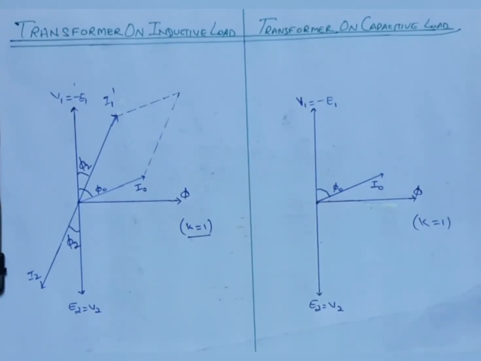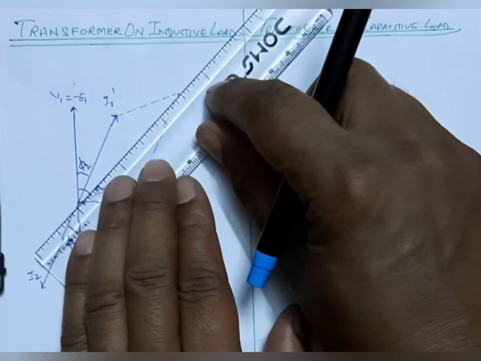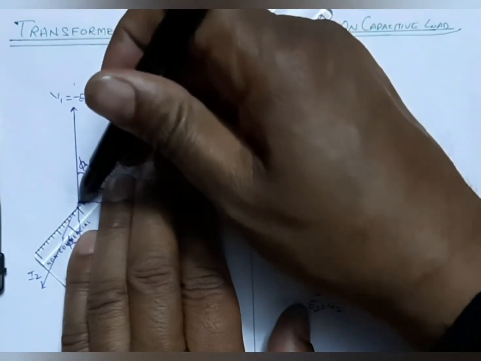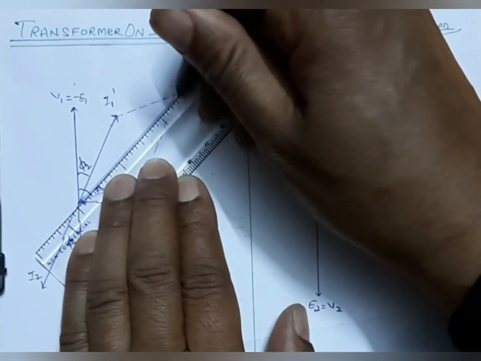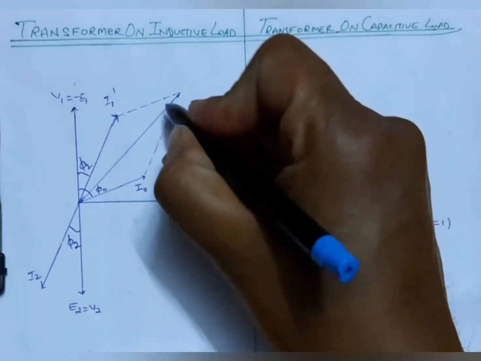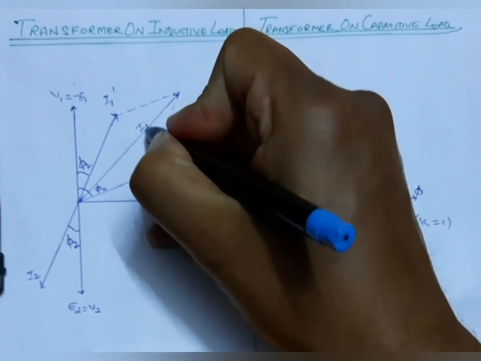For making the resultant, you have to draw a parallelogram, and this will be our resultant, and the resultant will be I1.